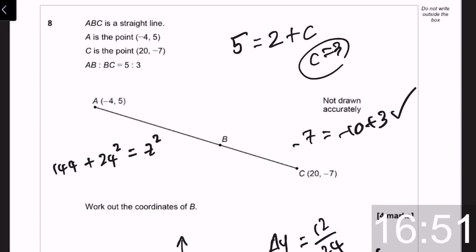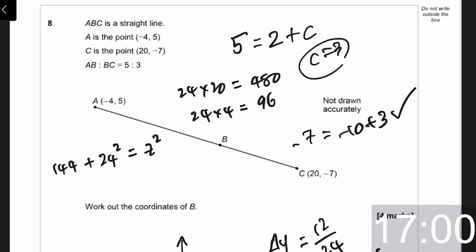24 squared. Okay, so 24 times 20 is 480. 24 times 4 is 96. So that's 576.